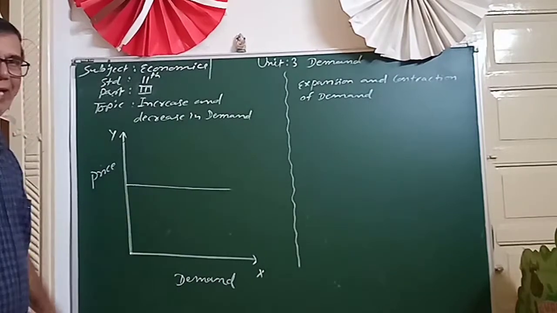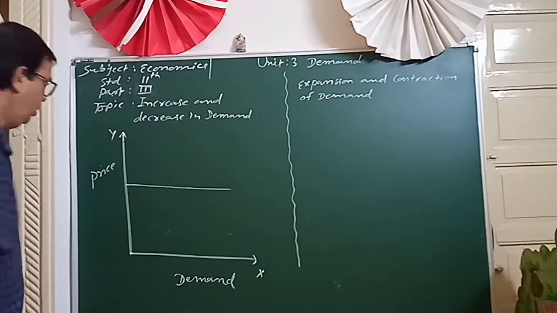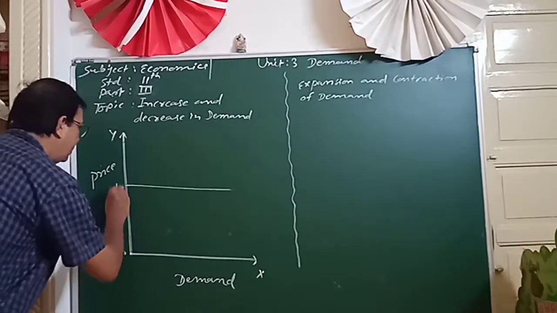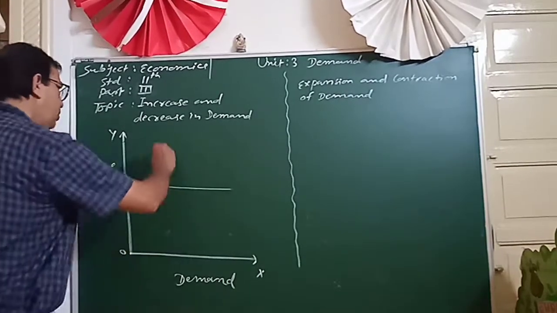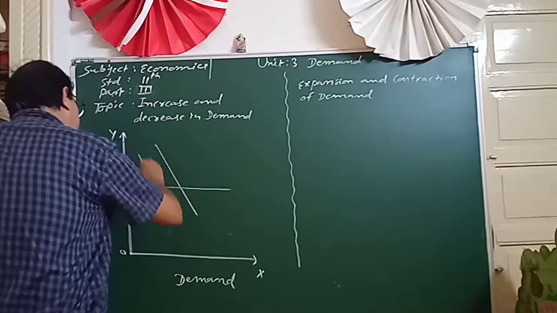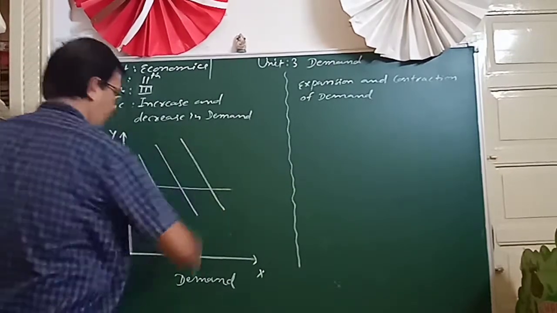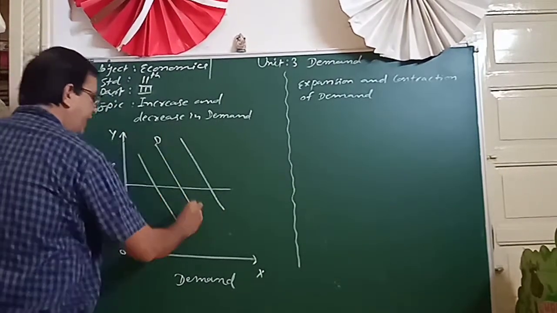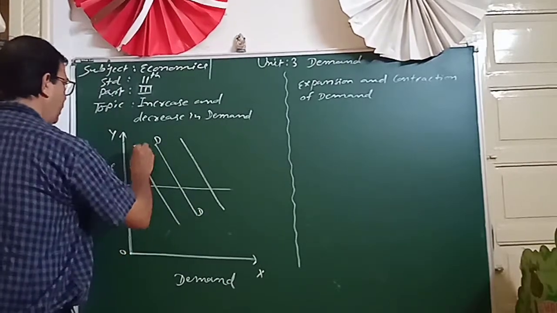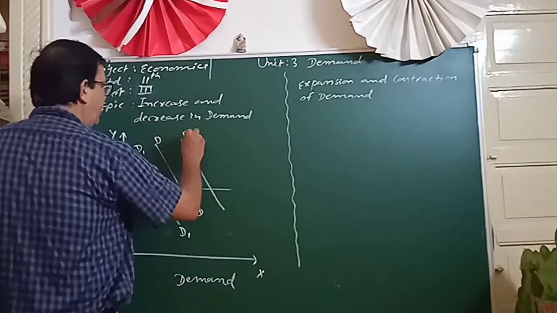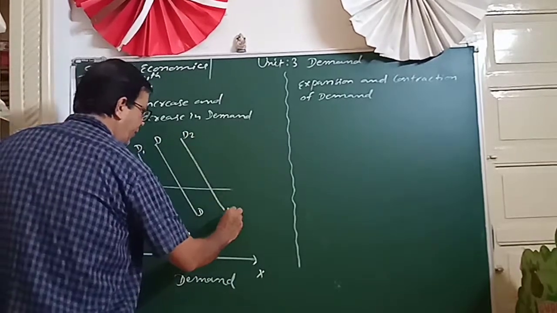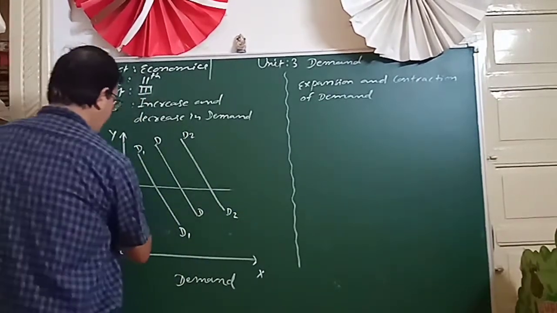Now see here, this is your price line. So price is OP, and this is your demand curve. This is D demand curve, this is D1 demand curve, this is D2 demand curve, and this is your price.